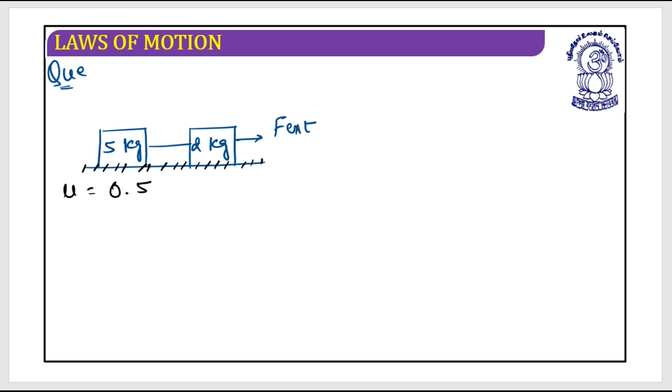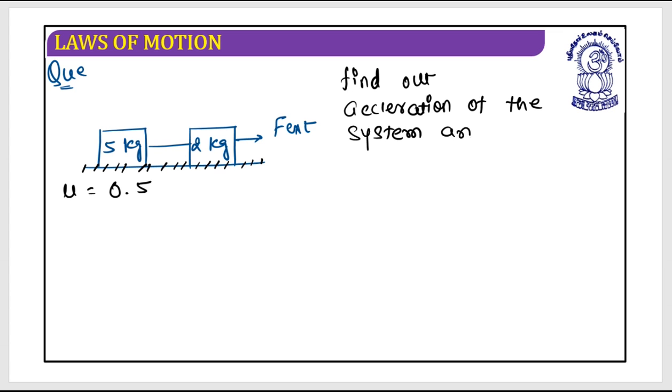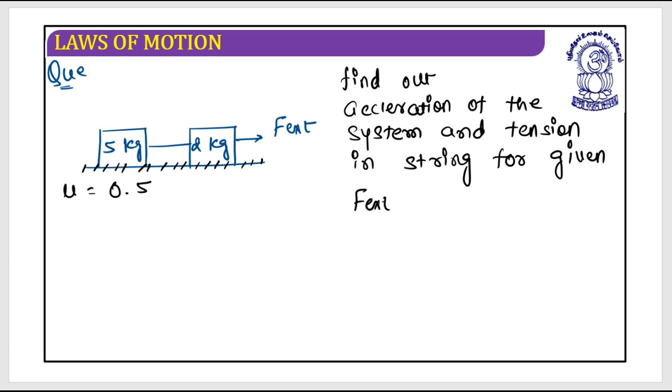So what do you need to find out? The acceleration of the system and the tension in the string for the given F external.